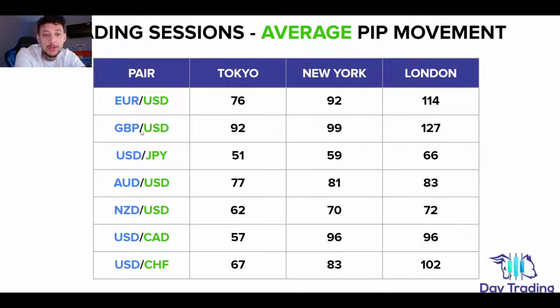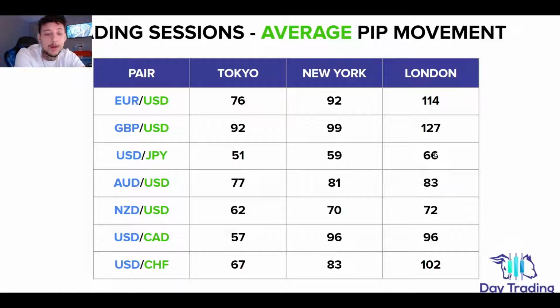Now, if we look at GBP/USD, during the Tokyo session on average it moves 92 pips, New York session 99 pips, and then London session 129 pips. Now, if we look at USD/JPY, there's not much movement in the pair compared to these other two pairs. But USD/JPY during the Tokyo session moves roughly 51 pips, New York moves 59 pips, and the London session moves 66 pips.